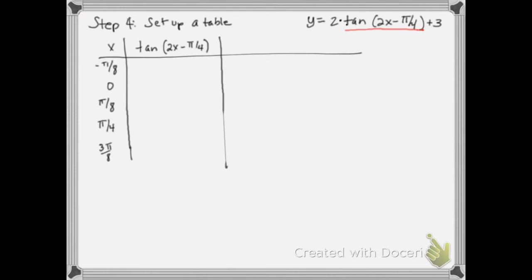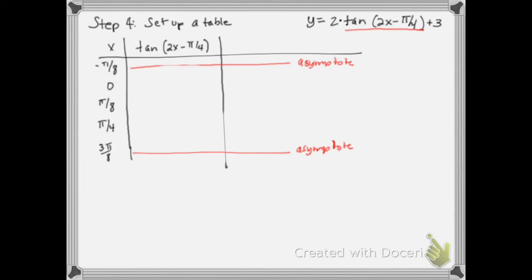So you're really just substituting each value of x into the argument. It would be tan of 2 times negative pi over 8 minus pi over 4. Since I'm using the calculator, I'm just going to write the answers down. The first and last values are asymptotes, so you don't have to worry about them. Really, all you're doing is substituting 0, pi over 8, and pi over 4 into this function.